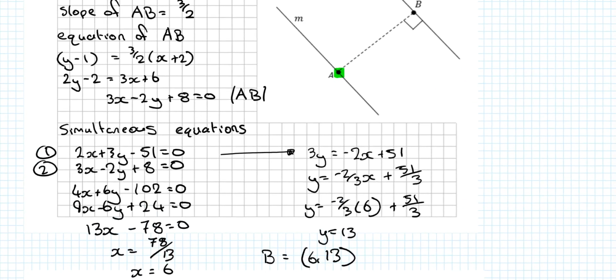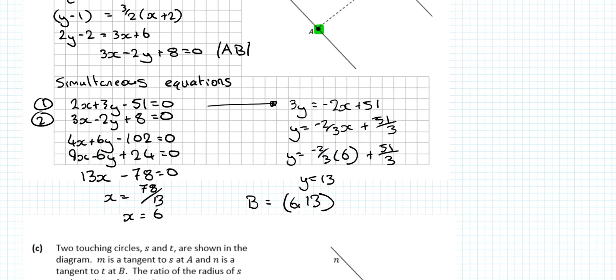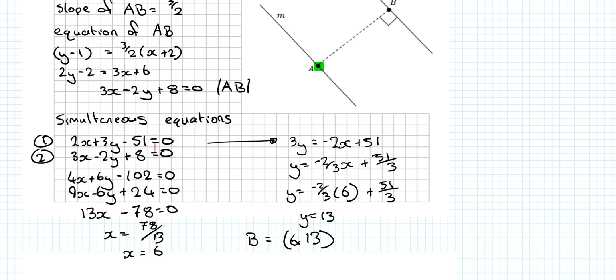Okay, so simultaneous equation. What have I gone and gotten rid of? Hold on a second. 2x plus 3y minus 51 is equal to 0. That's N. And the equation of AB is 3x minus 2y plus 8 is equal to 0. I came down to here, so started working downwards. I multiplied equation 1 by 2, and I multiplied equation 2 by 3 to get the y's to cancel. 6y minus 6y is 0, so I'm getting 13x is equal to 78, and then divide by 13 to get x on its own.